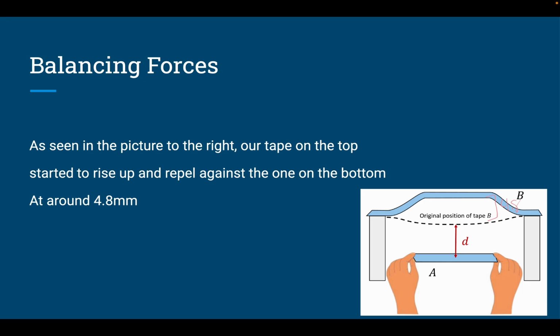As seen in the picture to the right, our top tape is showing that it is repelling from the bottom tape, and around 4.8 millimeters is the distance from where the bottom tape is to the top tape when it starts to repel.